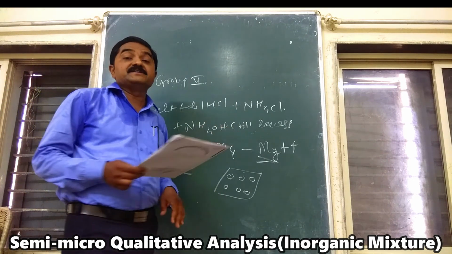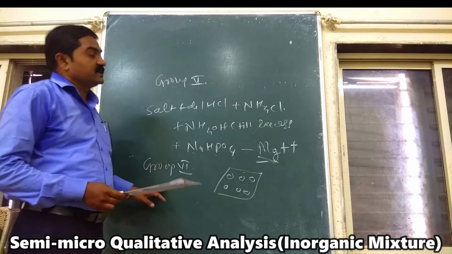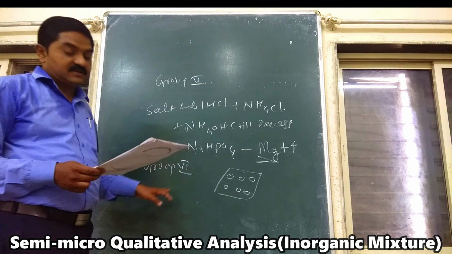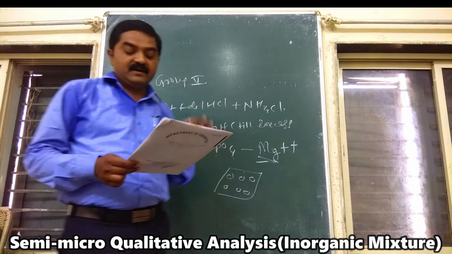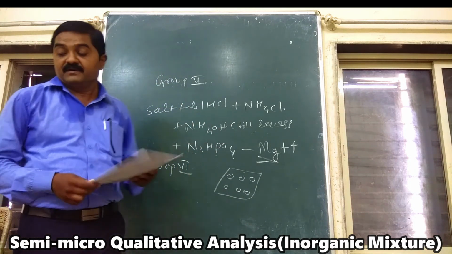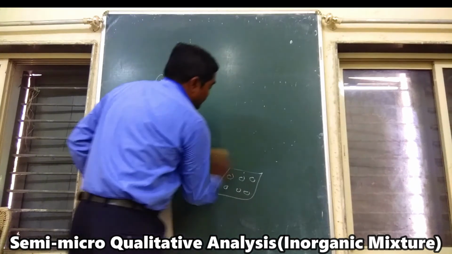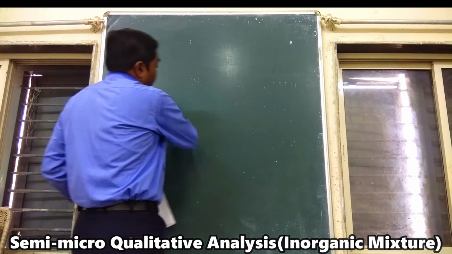If the orange PPT is there, potassium may be present. For potassium also the water extract can be used. In this water extract, add acetic acid, and if the yellow PPT is formed, potassium will be confirmed. From all these observations, we can determine which elements are present in the given inorganic mixture.